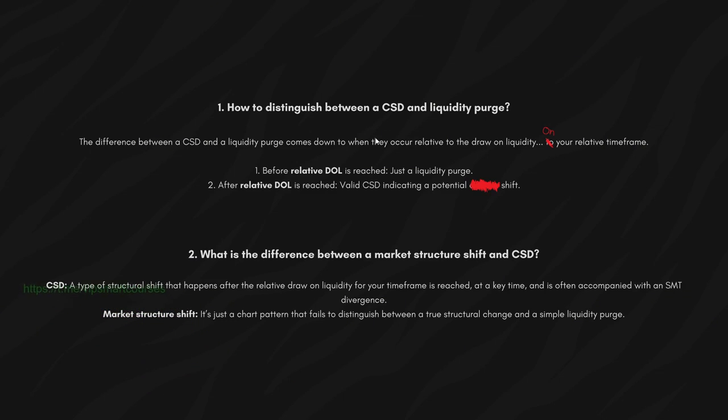And what this means is that if price rejects below a low or rejects above a high before the relative drawn liquidity is reached, then that would be regarded just as a liquidity purge. But if that rejection below the low or rejection above the high occurs after the relative drawn liquidity is reached, then that would be considered a valid CSD that would indicate a potential shift in the structure.